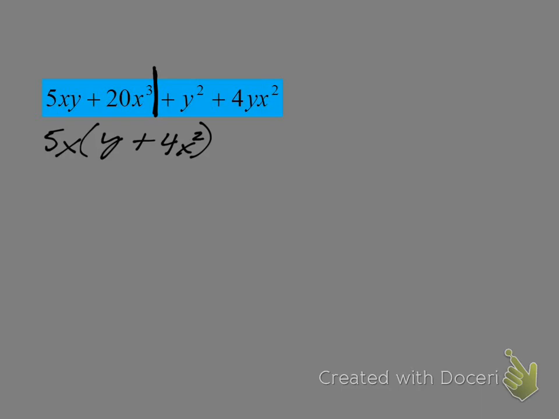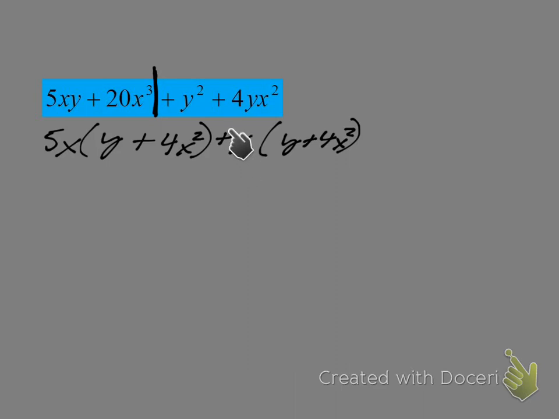Now, that's what you need in the second binomial: y plus 4x squared. You have y squared plus 4yx squared. What's common? What do you need to take out? Just take a y out.